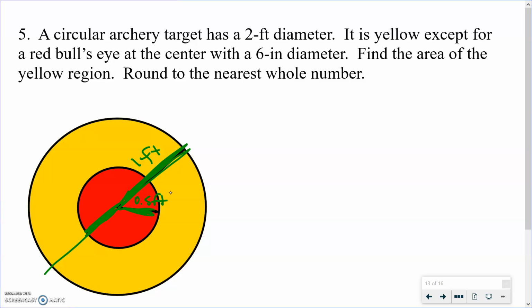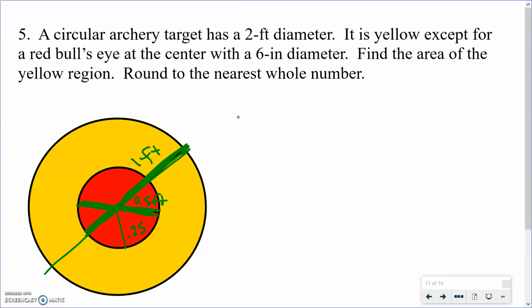And then we want to find the area of the yellow region. Oh, I'm sorry, this is a 6-inch diameter, 6 inches across, so that's a half a foot. So then that means that the radius of this red circle is 0.25, and the radius of this one here is 1, because it has a 2-foot diameter.